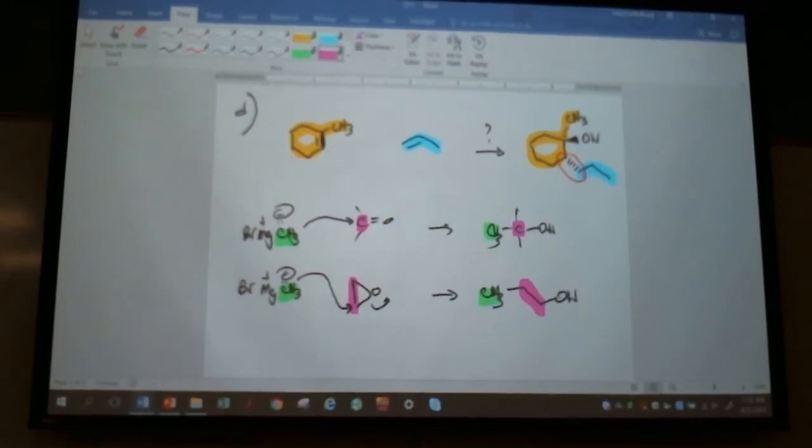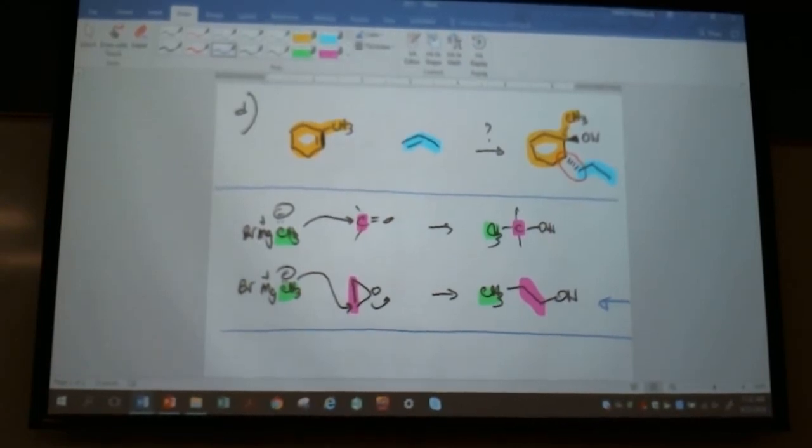So between this carbon from the Grignard and this OH, there are two carbons. So chances are we're using this strategy. Now, this piece is going to be the Grignard that I'm going to add to this epoxide.